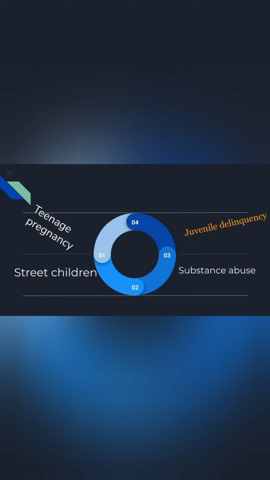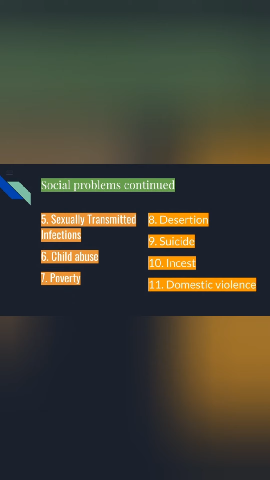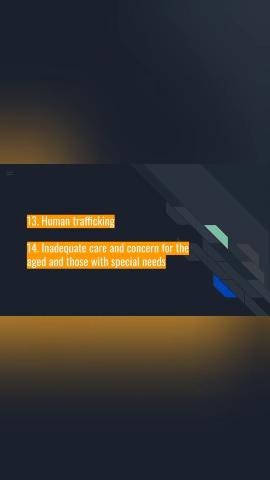Second, street children, substance abuse, juvenile delinquency, sexually transmitted infections, child abuse, poverty, desertion, suicide, incest, domestic violence, human trafficking, inadequate care and concern of the aged and those with special needs. These are just some of the social problems that exist in our society.